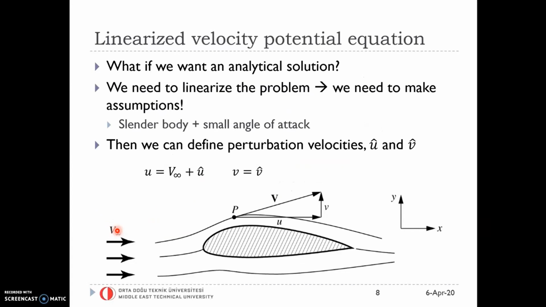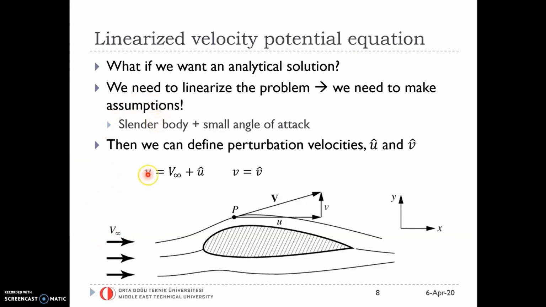Okay, let's start with these two assumptions, which are actually quite familiar to you already because we used similar assumptions when we were working with flow around airfoils in incompressible flows. So we will assume that we have a slender body, slender airfoil, and that airfoil operates at a small angle of attack. Then we will define some perturbation velocities.